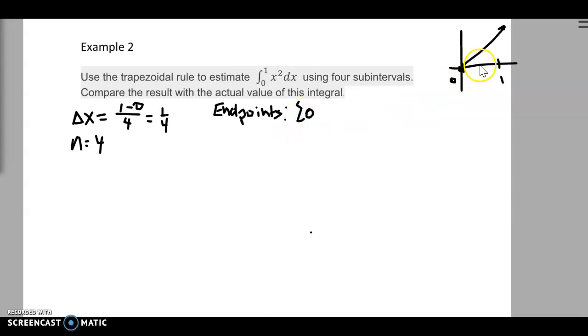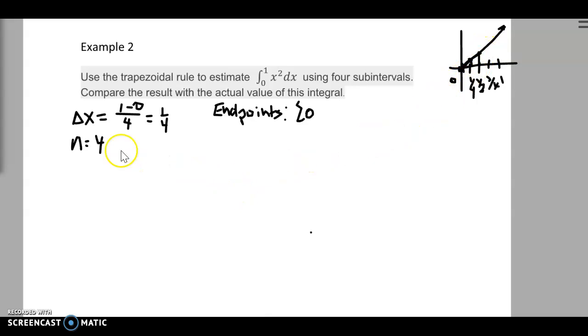We're going to break this up into 4 sections. So we've got 1/2 in the middle, 1/4, and 3/4. And our trapezoids are going to be, both endpoints will be touching the graph. So our first trapezoid there, and then another trapezoid here, and so on.